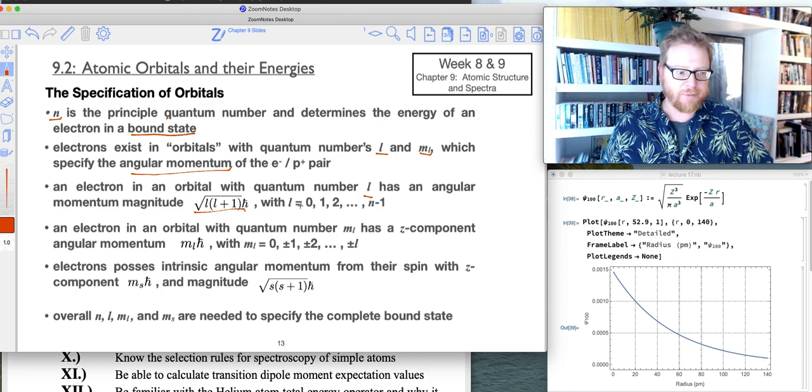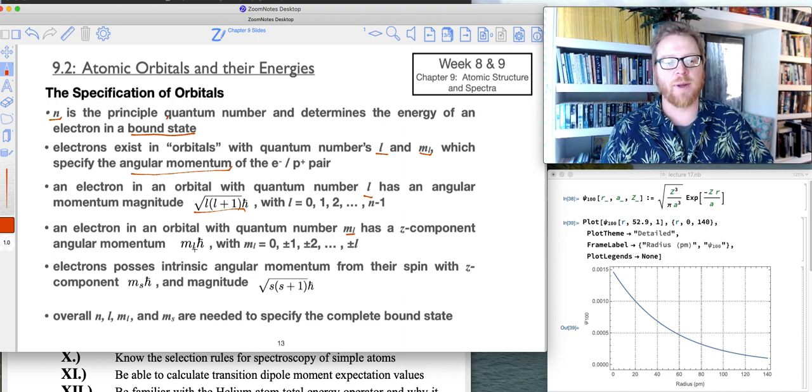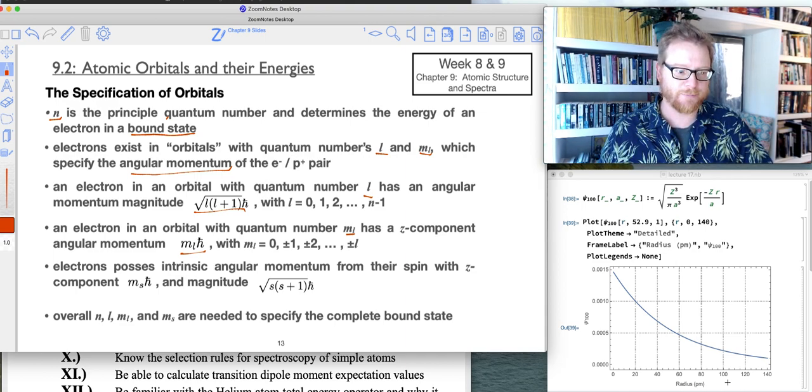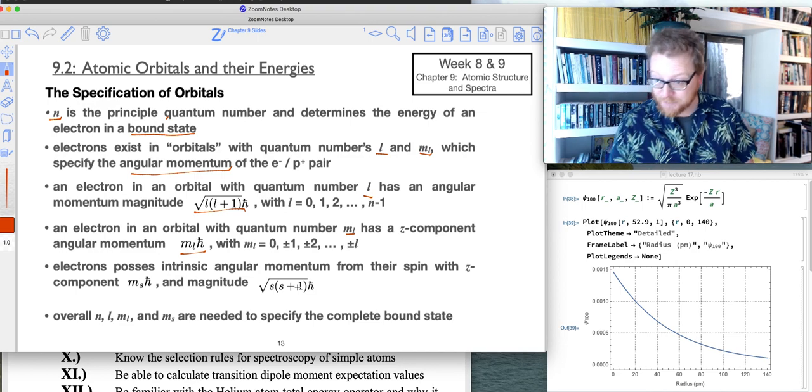Also, an electron in an orbital with quantum number ml has z component angular momentum ml h bar, where now ml takes on all values 0 to plus or minus l. Additionally, electrons possess intrinsic angular momentum from their spin.